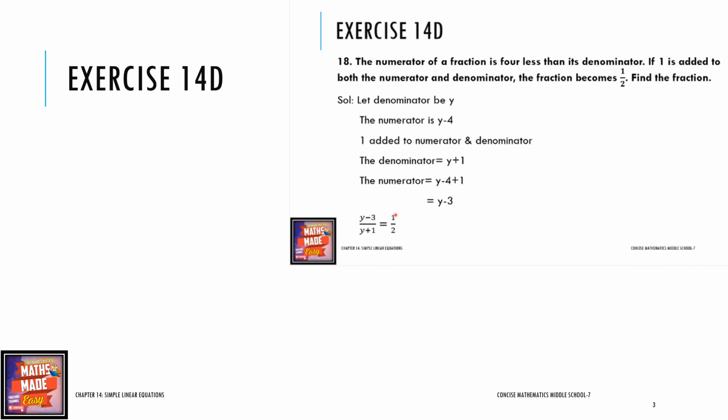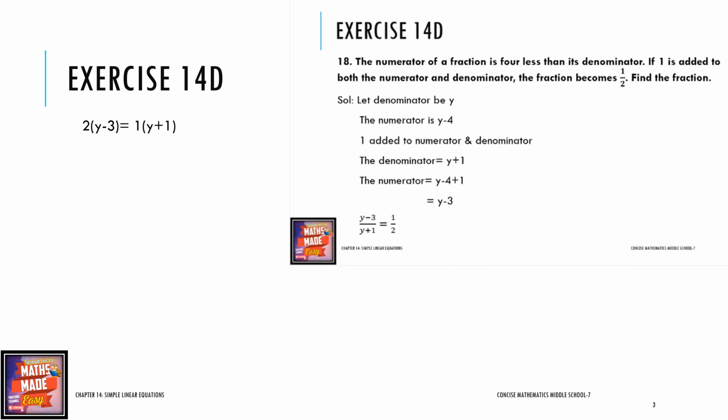So when division moves to the other side, it becomes multiplication. Similarly, you have to move this 2 to the other side because it is in division form. What is the sign between this 1 and 2? Division, so division becomes multiplication. That means 2 into y minus 3 is equal to 1 into y plus 1.